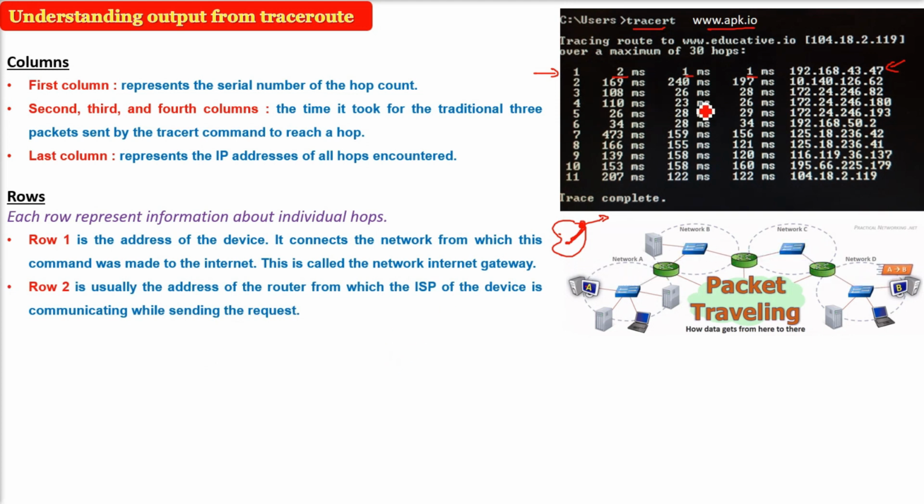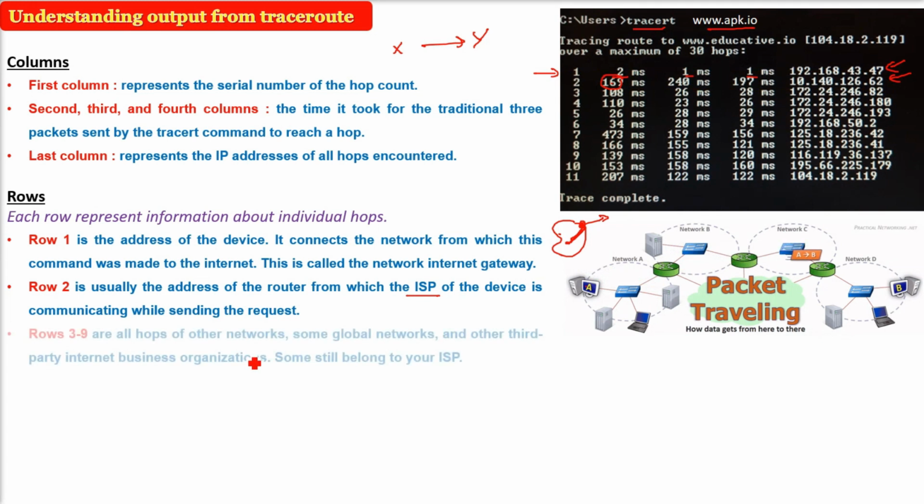Row 2 is usually the address of the router from which the ISP, internet service provider of the device, is communicating while sending the request. So row 1 is your network, row 2 will be your ISP network address. So if you see here 169.240.197, the time is too much. That means the IP is far away from where you have initiated the command.